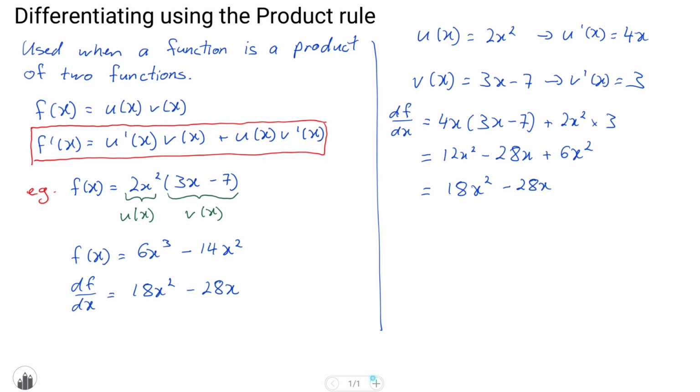Okay, that's all good and fine. Let's try the same idea on a question where the derivative is not quite so straightforward. So let's try another example. This one's going to be a little bit longer.